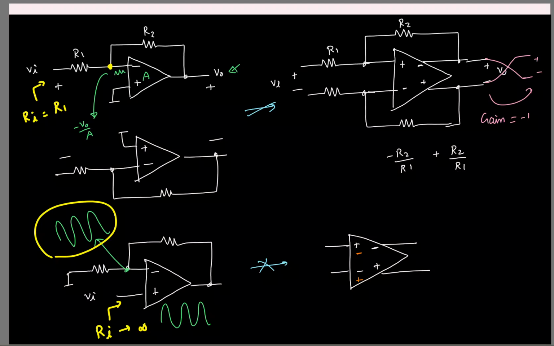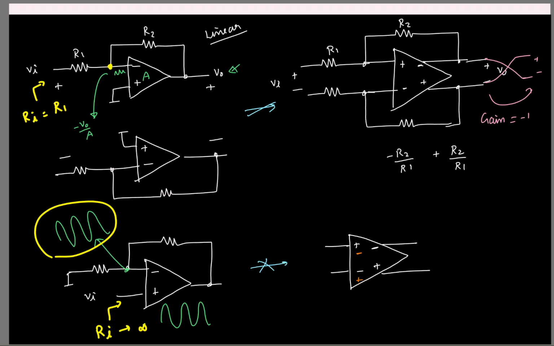Because here we see that the swings at the gates of my input transistors are really small. So my small signal linear approximation is going to be valid. Whereas here, if you have large swings, the transistor will behave more non-linearly. Your small signal linear approximation is not valid. So in general you will find that inverting amplifiers are more linear.